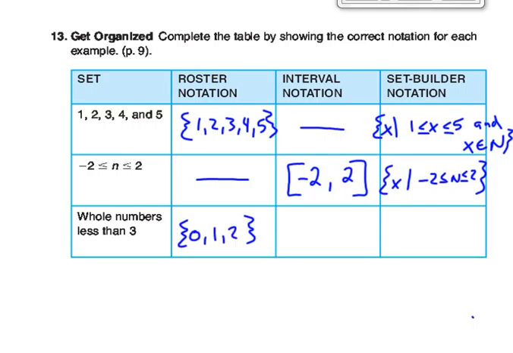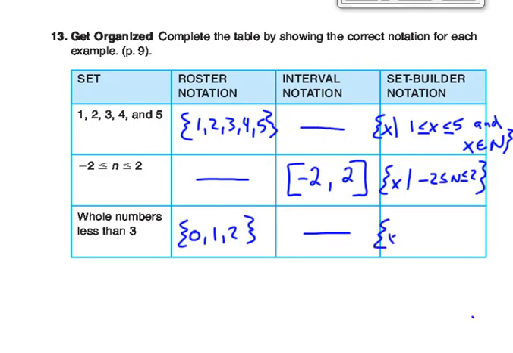Whole numbers do not have negatives. Right? Interval notation means that I'm talking about all of the numbers in between here. I don't want to talk about all those numbers in between. There's no decimal points in whole numbers, so I don't want to do interval notation. Set builder notation.